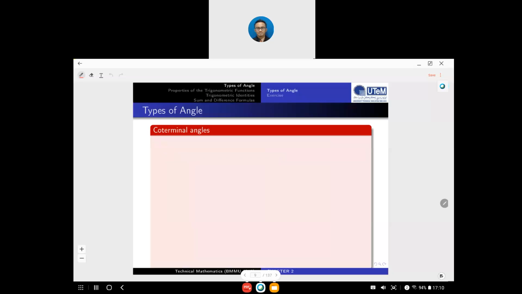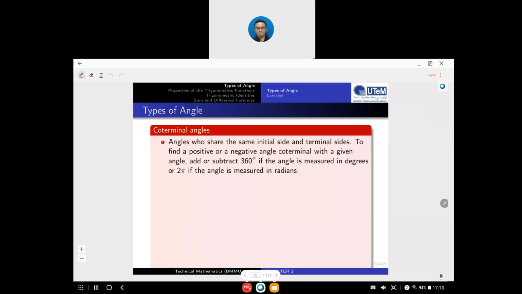Coterminal angles. What are coterminal angles? Coterminal angles are angles that share the same initial side and terminal side. To find a positive or a negative angle coterminal with a given angle, add or subtract 360 degrees if the angle is measured in degrees.